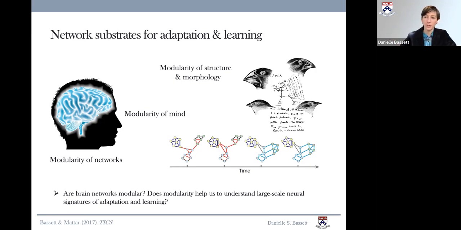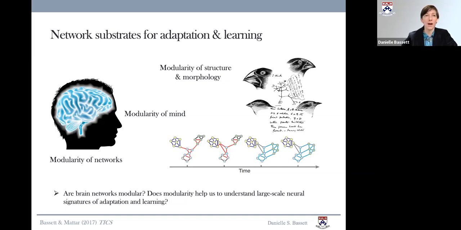But we want to go to the architecture of the brain network and ask, well, is there modularity in the brain network? And if there is, does that help to explain not just the differences between cognitive functions, but also their adaptation, their evolution, their development, their change? And that becomes particularly important when we try to understand human learning. In order for a human to learn, to change their behavior, to change their mind, to change their skill set, there has to be a level of adaptation.